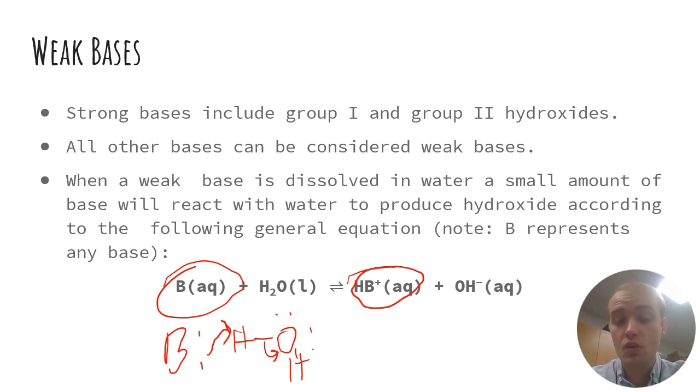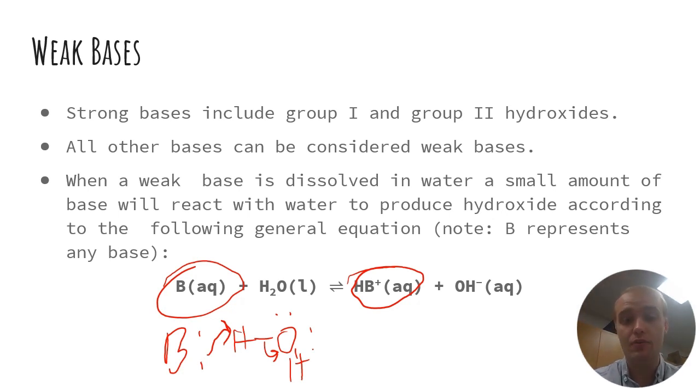Well, if it were a strong base, then a strong base would pull off as many protons as it possibly could inside of the water. Weak bases don't pull off all the protons that they could, so if there's 100 grams of base, maybe only 50 grams of the base actually pull a proton off. Another way to think about a weak base is that it doesn't fully dissociate in water.